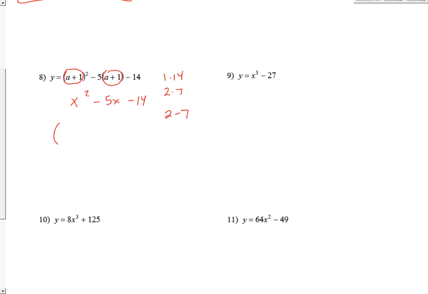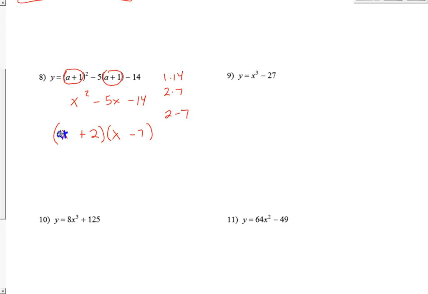Again, because I have my x squared without any coefficient other than 1, I can go x and take these factors here to fill in for plus 2 and minus 7. Now, I have to remember that I didn't start with x, I started with a plus 1. So I'm going to replace the x's with a plus 1.